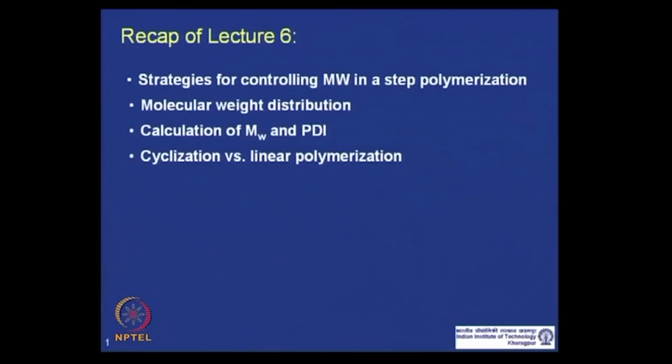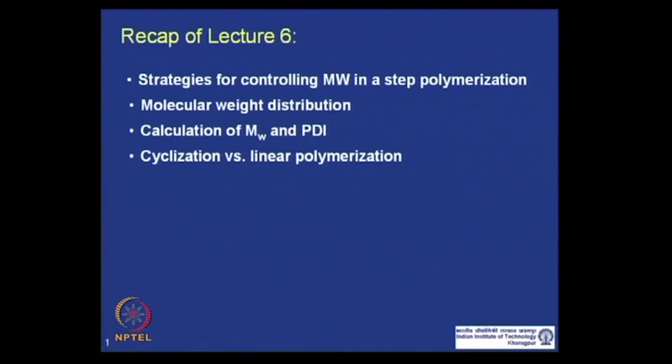We also studied the molecular weight distribution, and we found that in case of number fraction of the different molecular weight chains, the chains having lower molecular weights are present in maximum number.